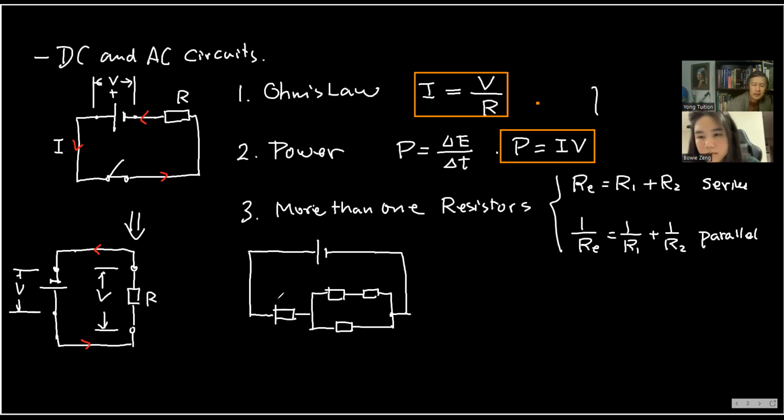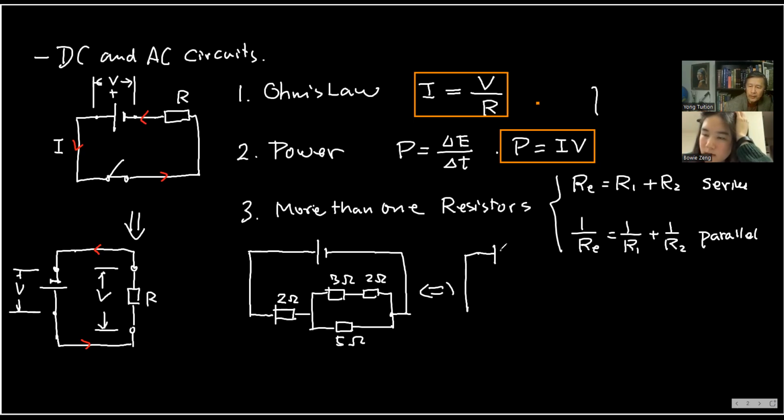If this resistor is 1 ohm, this is 2 ohm, and this is 3 ohm. This is 2 ohm. This is 5 ohm. Can you work out the equivalent resistance?